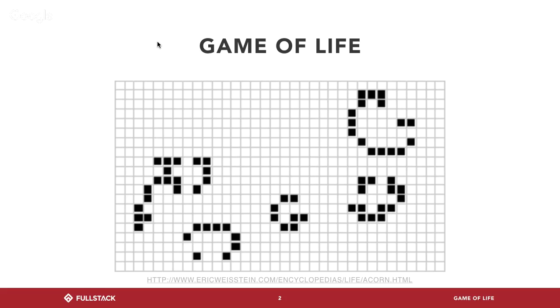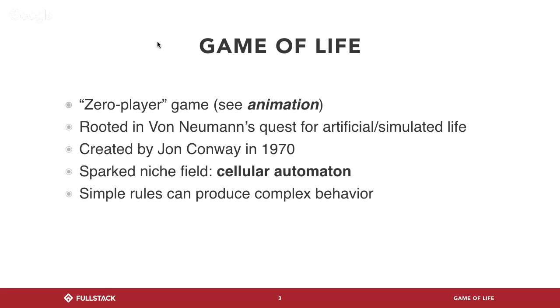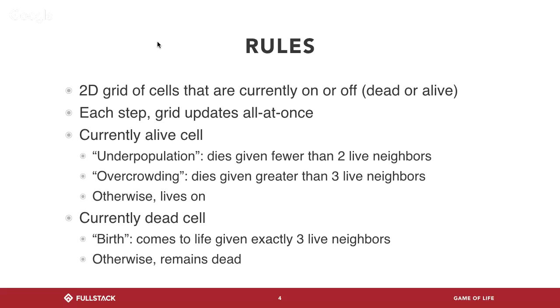And it's based upon these rules. So here's some history of the game. You could read up about it if you want to, but it's a very, very simple structure.